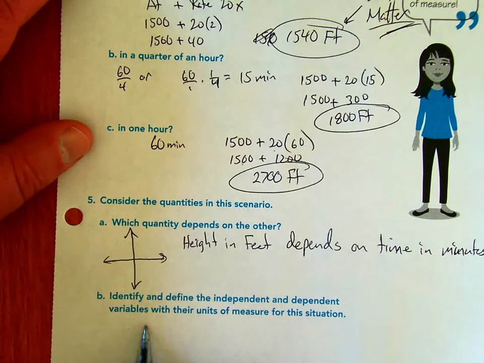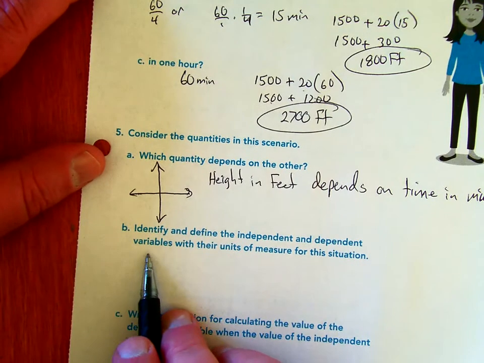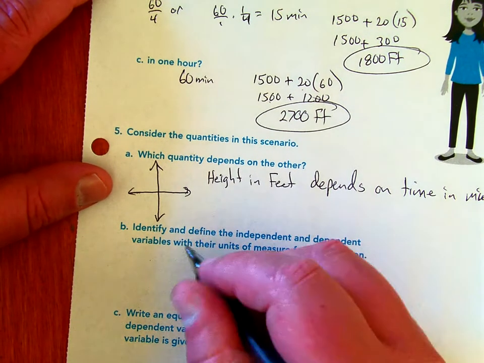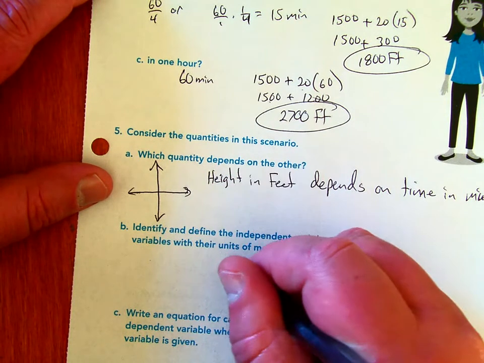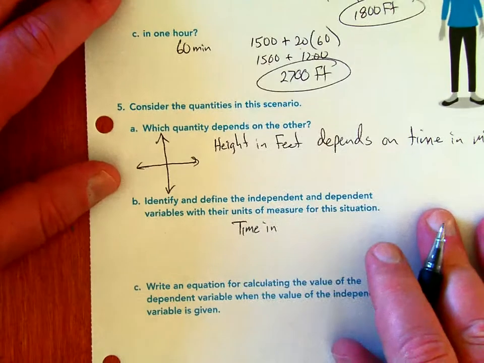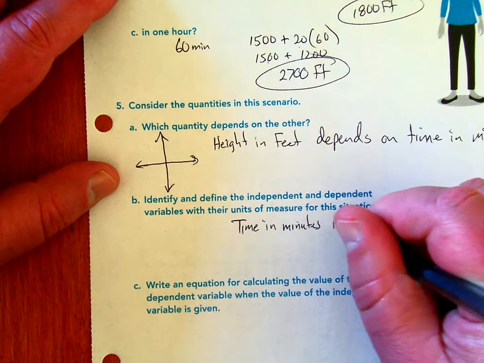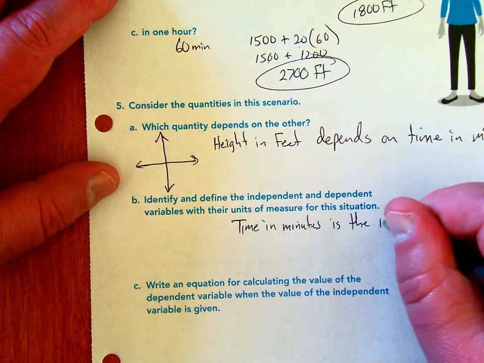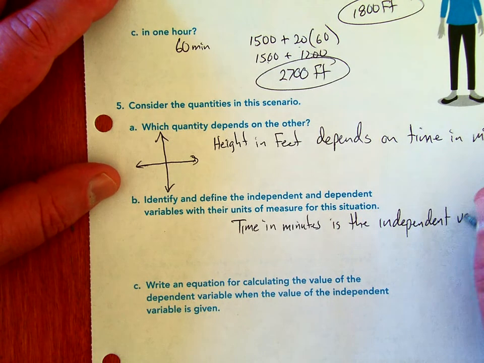Identify and define the independent and dependent variables with their units of measure. Well, the independent is the one we get to choose. That's going to be the time. Time in minutes is the independent variable.